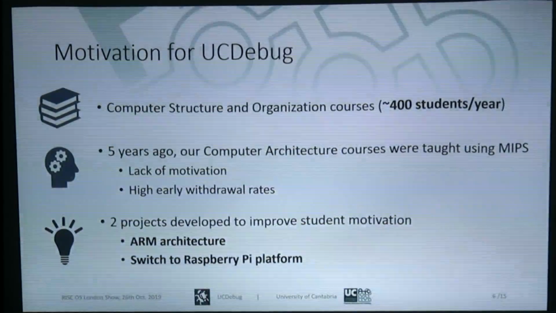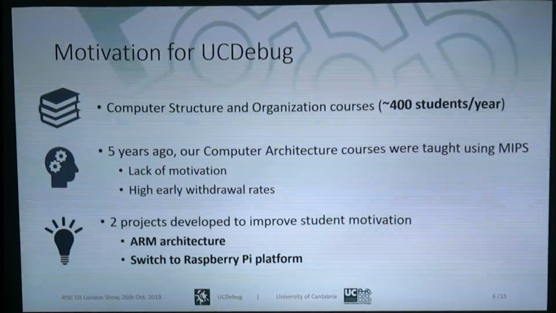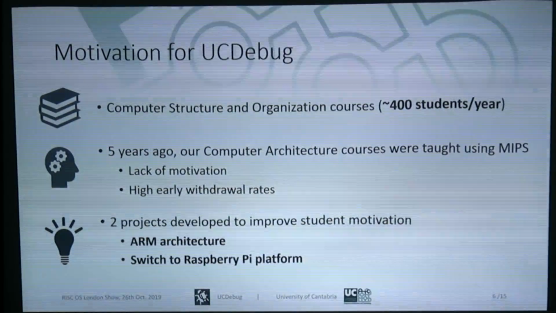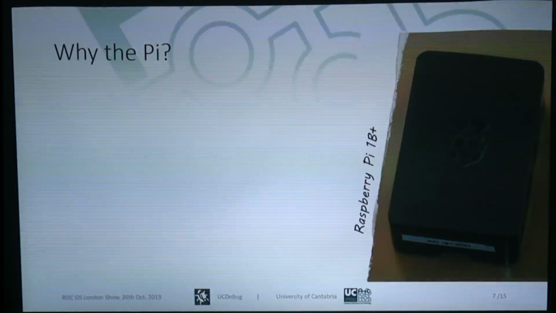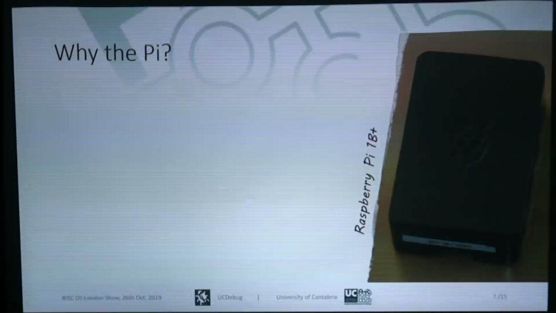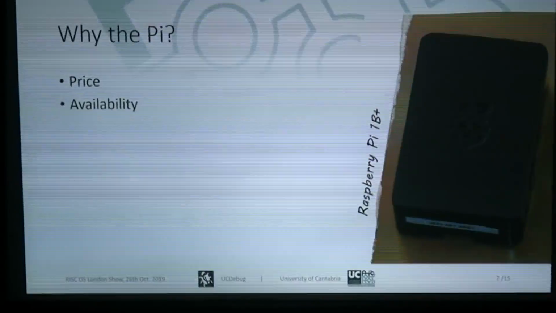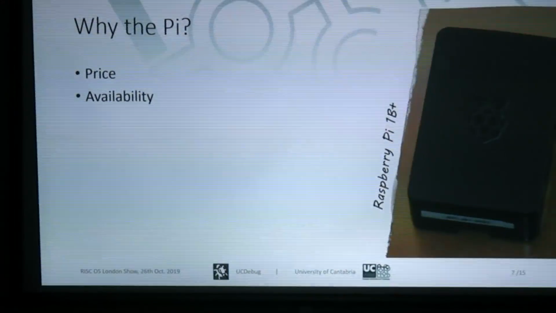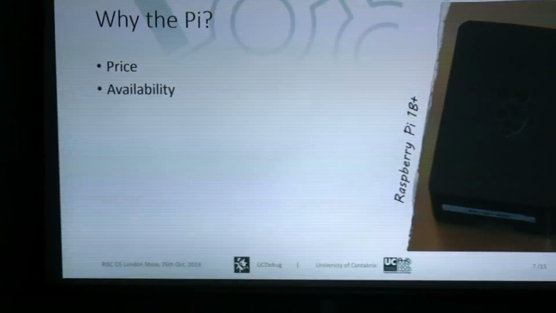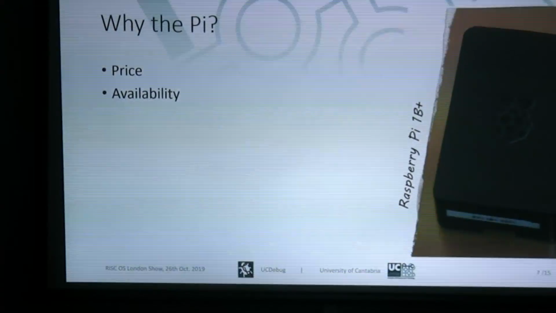And also, we decided that we could switch to the Raspberry Pi for our practical sessions. And why the Raspberry Pi? Well, we were looking for 2 main targets: low price and widespread availability, so that our students could work at home and improve their autonomous work if they so desired.